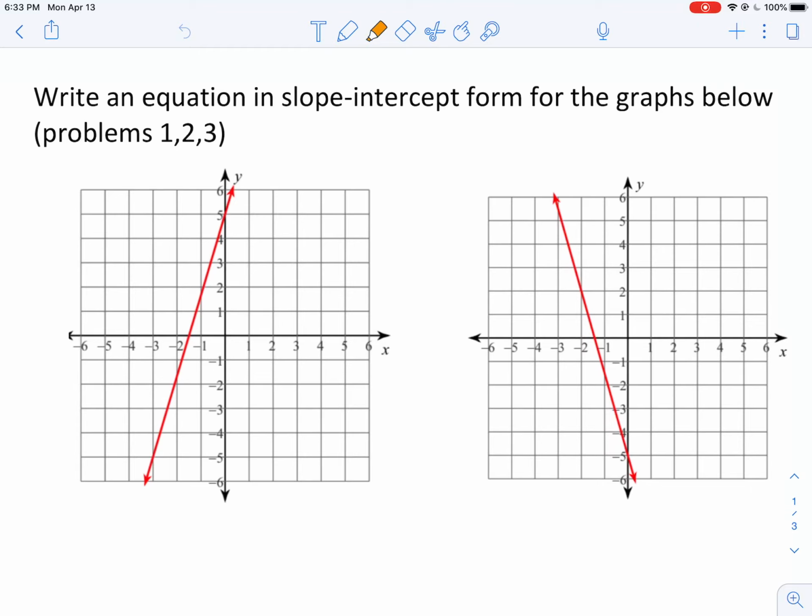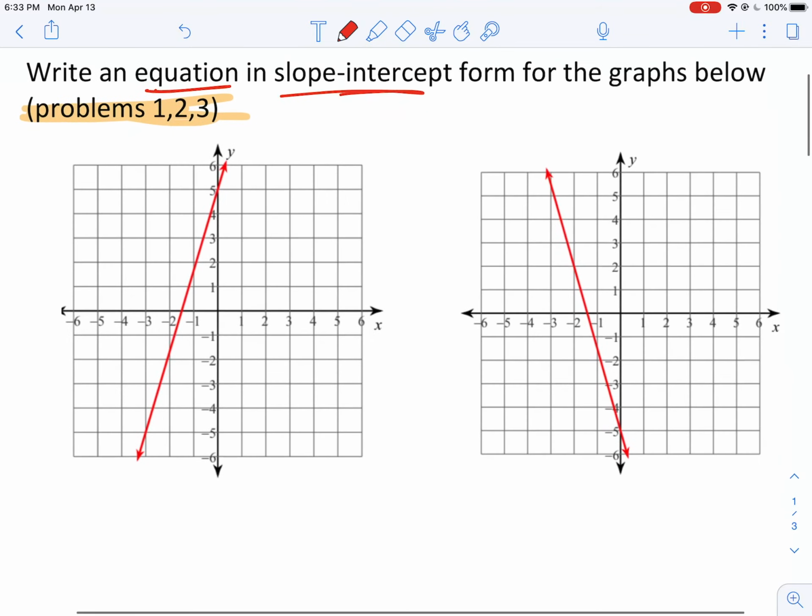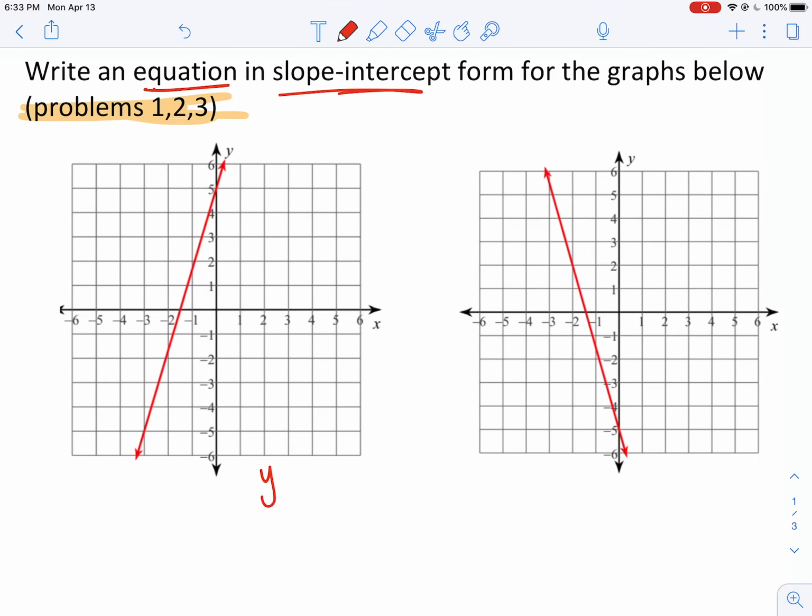Okay, so the first 3 problems in the Google Form are about writing an equation in slope-intercept form for the graphs. Remember, slope-intercept form is the equation y = mx + b, where m is your slope and b is your y-intercept.